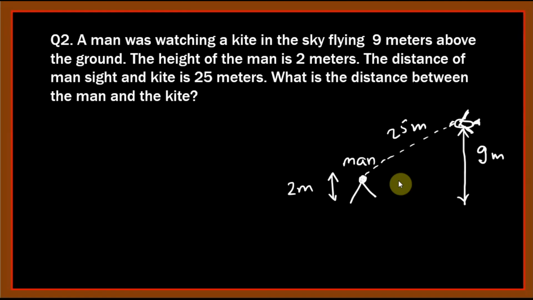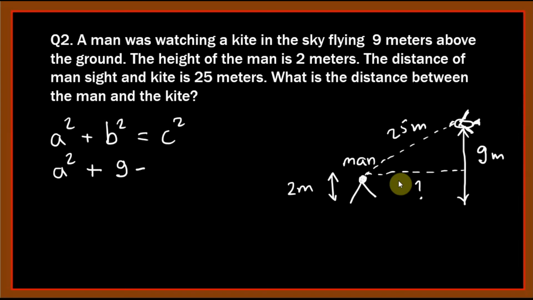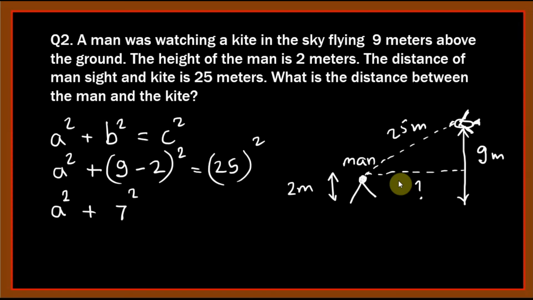We can apply the Pythagorean formula a square plus b square equals c square, where a square is the distance we want to find, plus 9 minus 2 the whole square equals 25 square. 9 minus 2 because we want the height of the kite adjusted, as the man is already 2 meters tall.